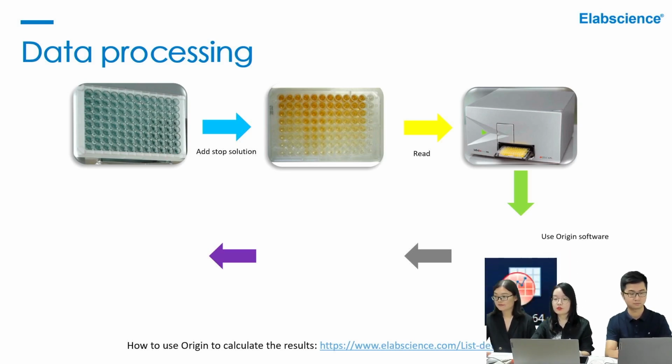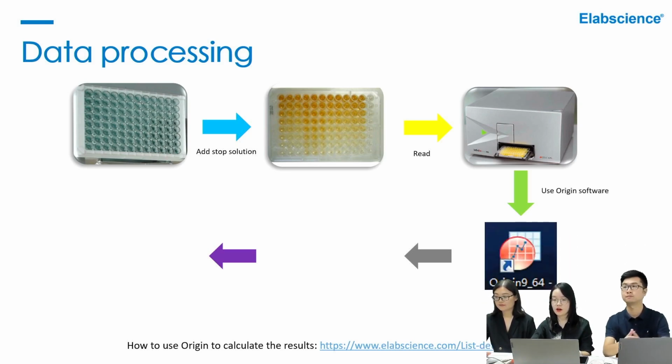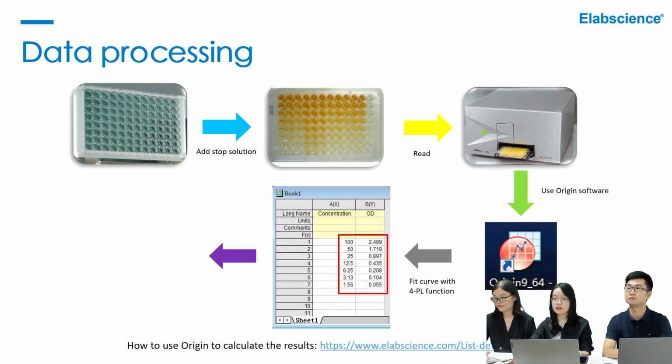We always choose Orange software to fit the curve. Enter the standard data into Orange with the standard concentration value in the X column and the corresponding optical value in the Y column, and select the 4-parameter logistic function for the curve fitting to obtain the standard curve.